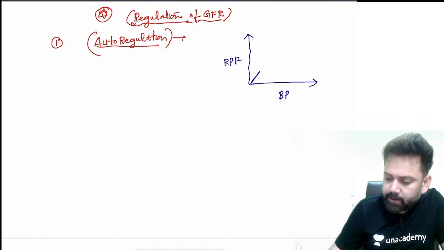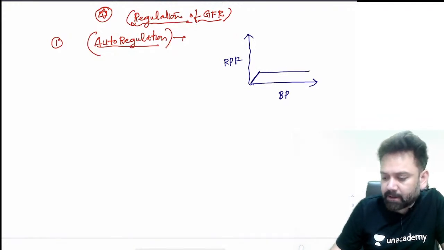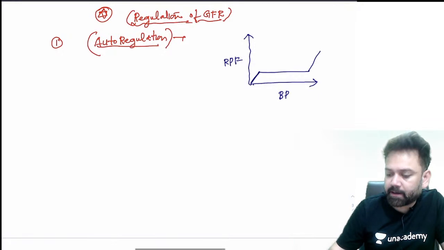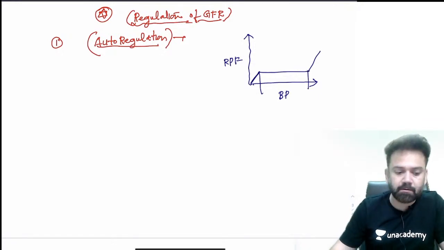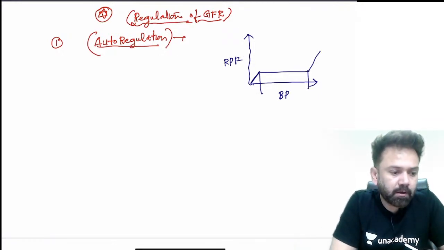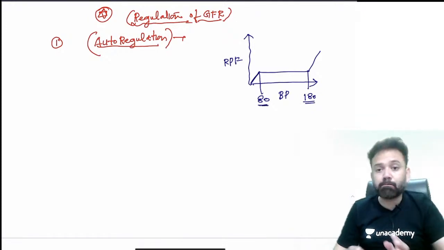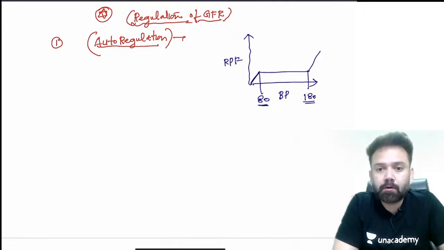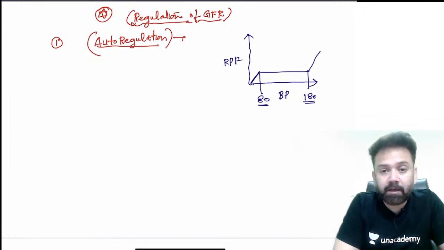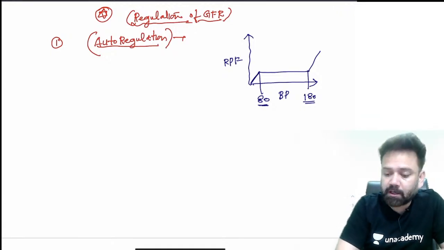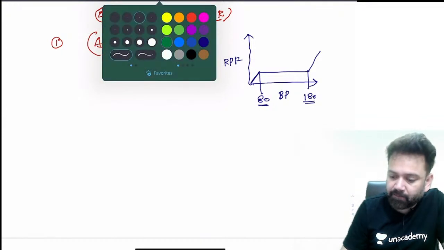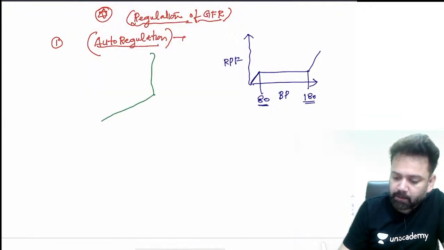It will initially increase, but after that it will remain constant and then increase again. So in this range, approximately from 80 mmHg of blood pressure to 180 mmHg, your GFR is maintained. So even if BP increases from 80 to 180, renal plasma flow will not increase, and this is called autoregulation. And there are two important mechanisms for that.